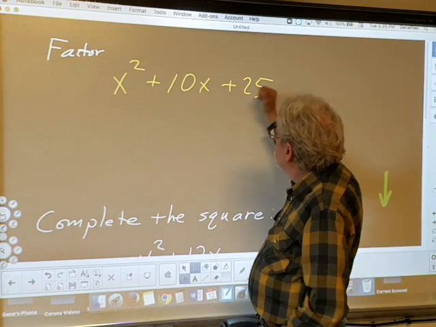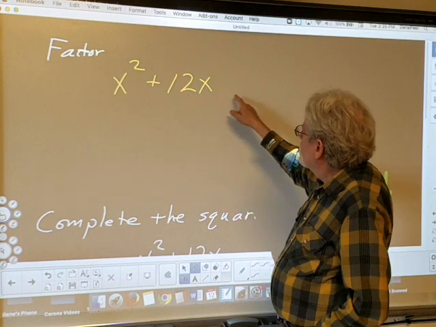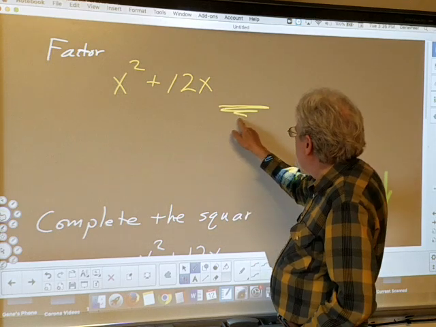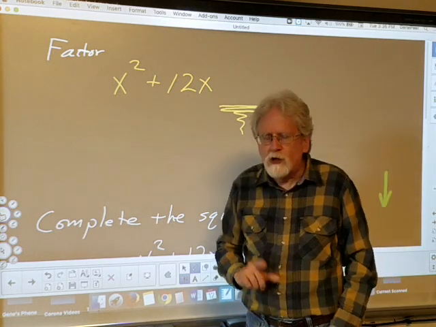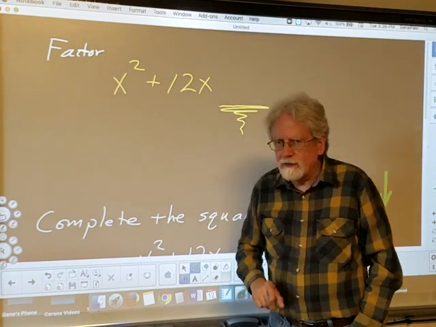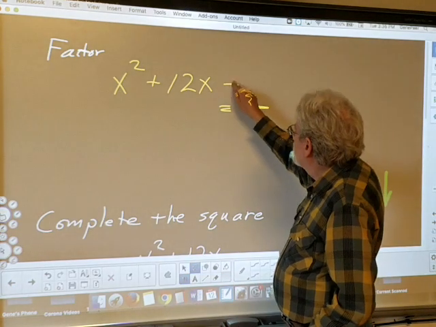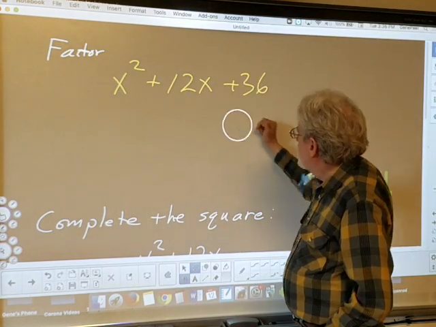What if this had been this? Then if I want to put a number here that will make this a factorable perfect trinomial square, well, half of 12 is 6. 6 squared is 36. Does that work? Well, yeah.